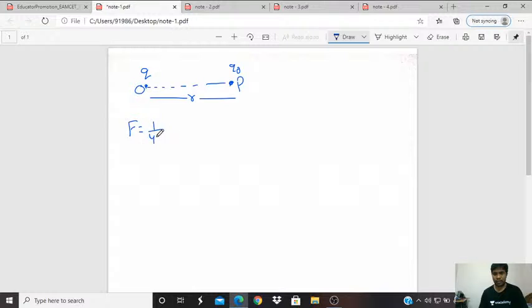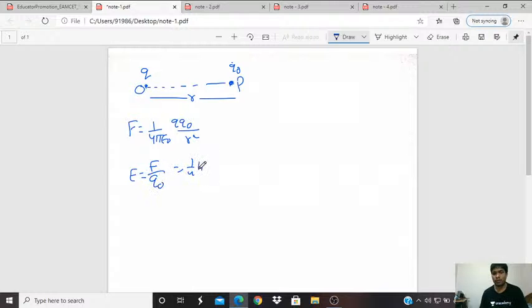The force is 1 by 4 pi epsilon naught q q naught by r square. Now, what is the electric field at this point P due to this charge? It is the force due to this charge acting here, that means F by q naught.